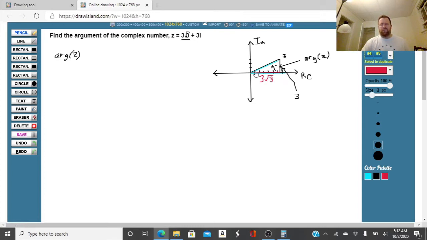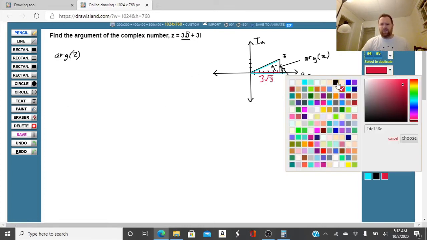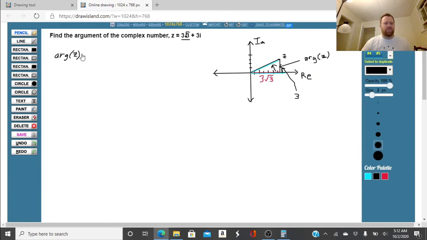So we can find the angle using inverse tangent by using the opposite over the adjacent. So we're going to take the inverse tangent of the opposite 3 over 3 square roots of 3.